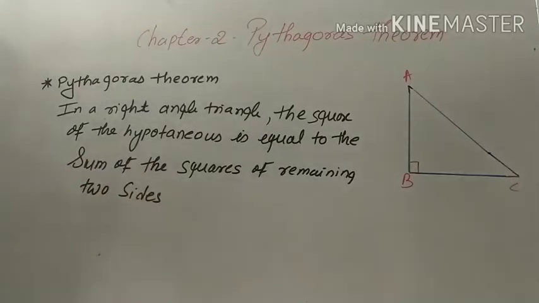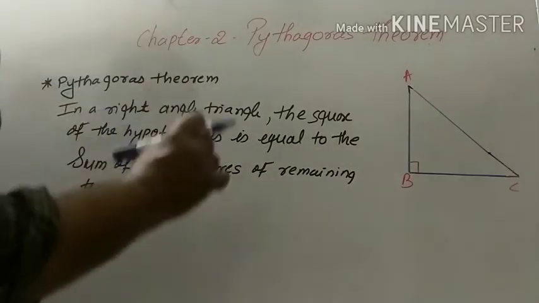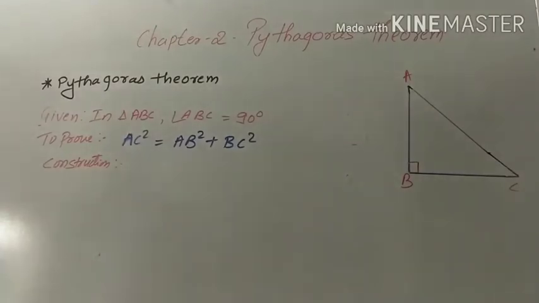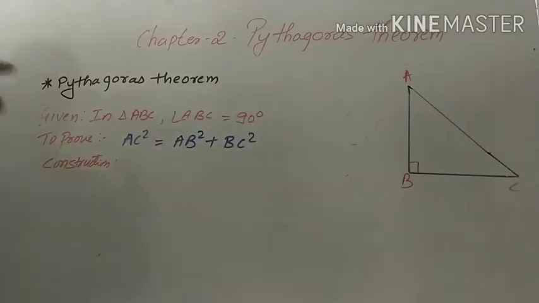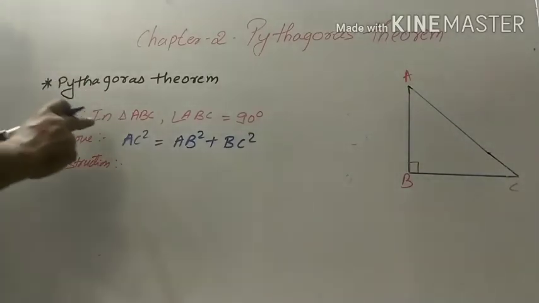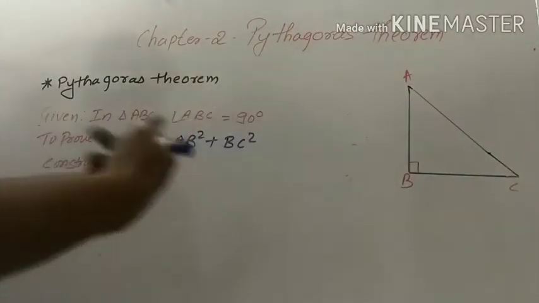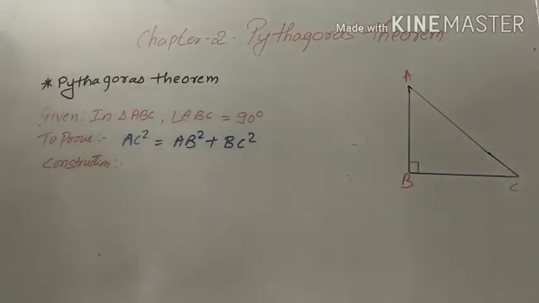So student, we prove this theorem by making one construction. Before drawing a construction, we first write given. In triangle ABC, angle ABC is 90 degree. And what is to prove?